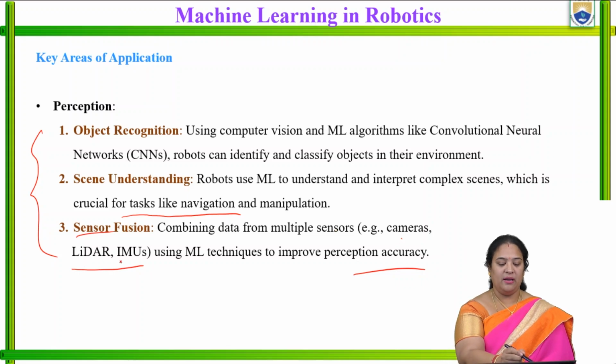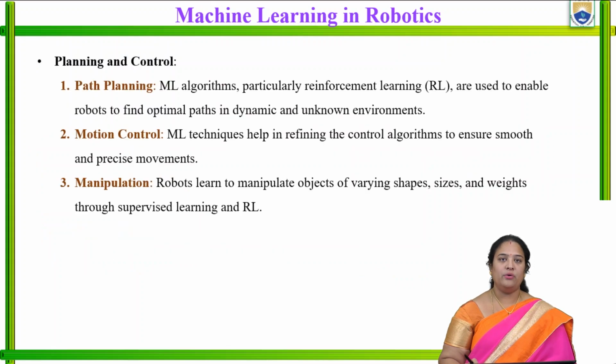Other than the camera, IMUs and lidar are new technologies with the help of which the robot will improve its accuracy. These are the machine learning techniques introduced in the form of sensors. So these are the key areas of application where machine learning is playing an important role. Next, planning and control.